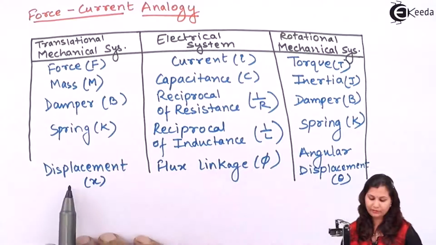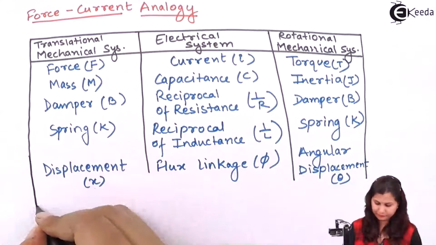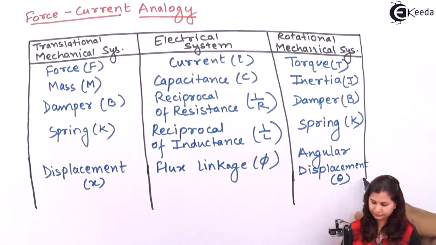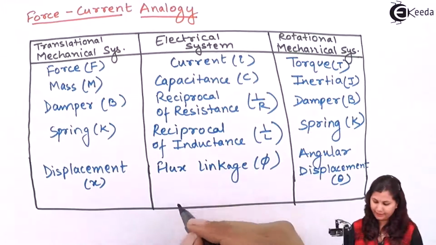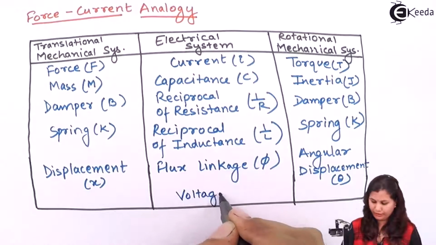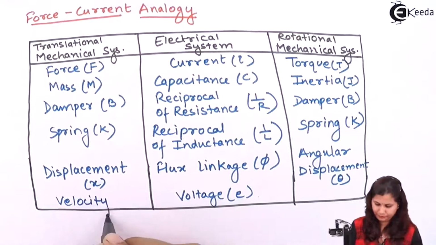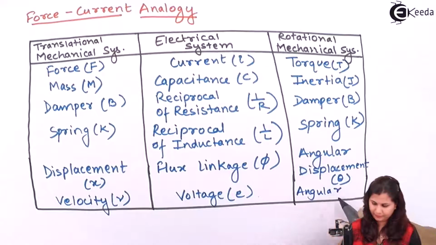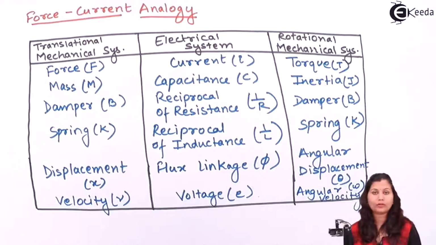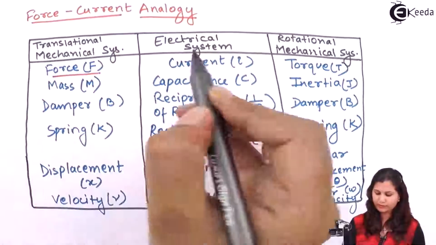So flux linkage phi is equivalent to displacement and angular displacement. And the last is voltage. So voltage E will be equivalent to velocity and angular velocity omega.